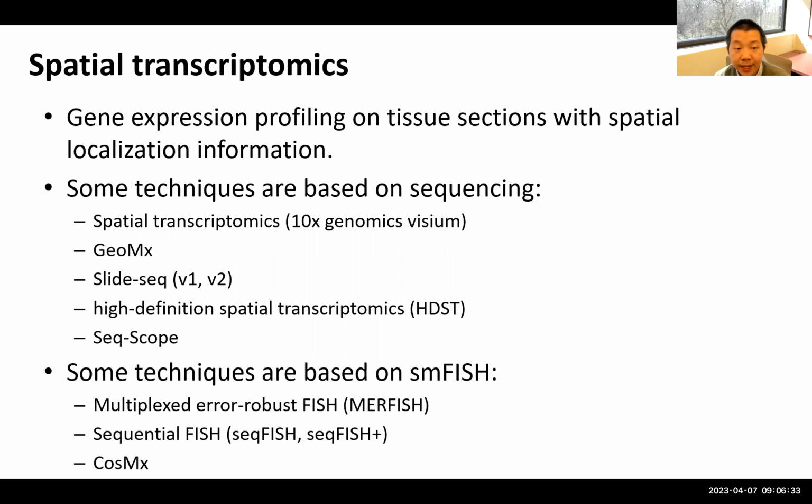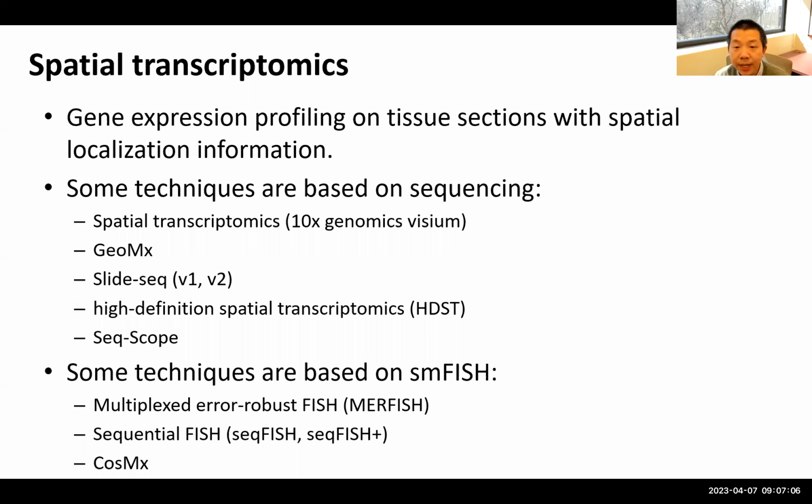Then there is another commercial platform, Spatial high-definition spatial transcriptomics, and more recently Seq-Scope and Stereo-seq, which are very high resolution spatial transcriptomics. On the other hand, for the smFISH technology, we have MERFISH, which is now being commercialized, also seqFISH, seqFISH Plus, and COSMX, and also the recent technology from the 10x company, which just became available last October or November.